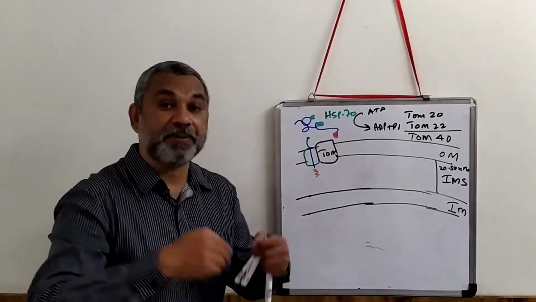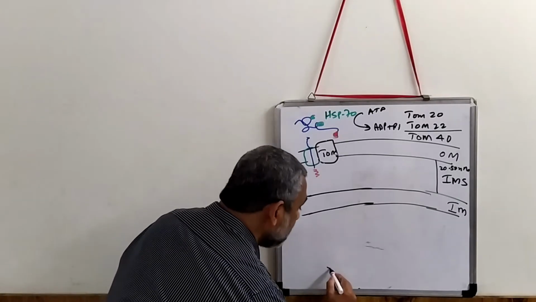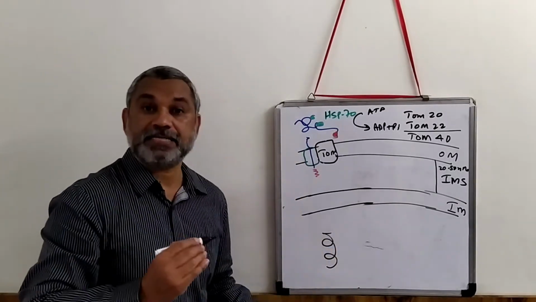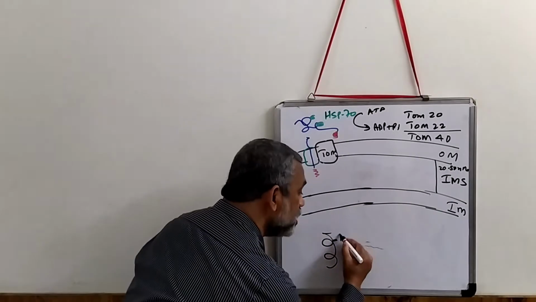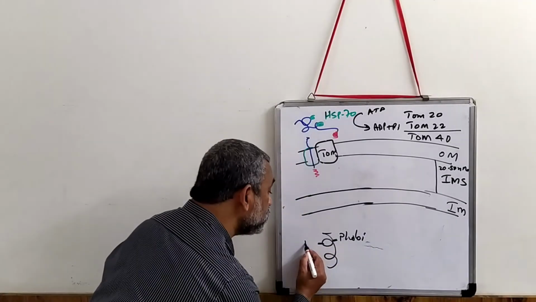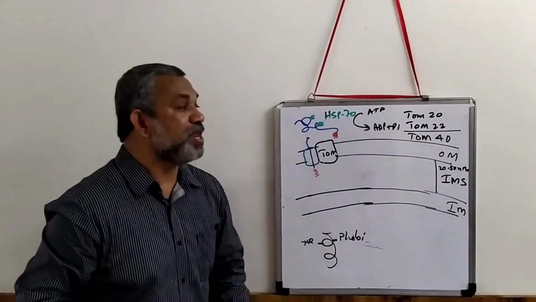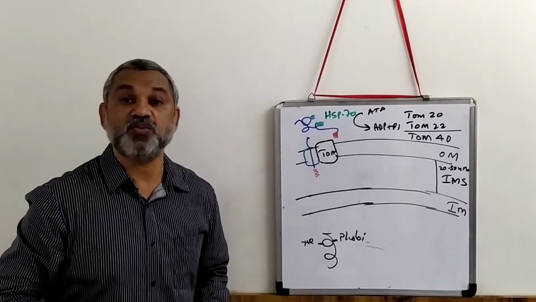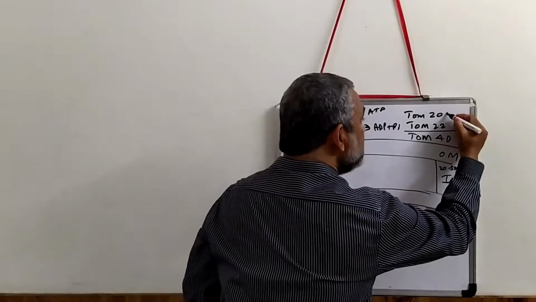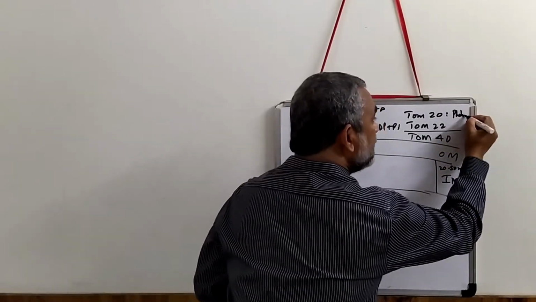One important aspect we should not forget, especially with regard to the identification of the signal peptide. I skipped that, I am repeating. We have seen that in the alpha helical signal, one portion is hydrophobic. Another portion has a positively charged amino acid. What Tom 20 and 22 do is, Tom 20 will recognize the hydrophobic amino acids.